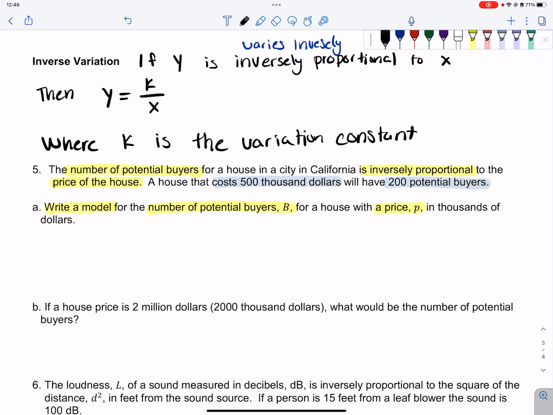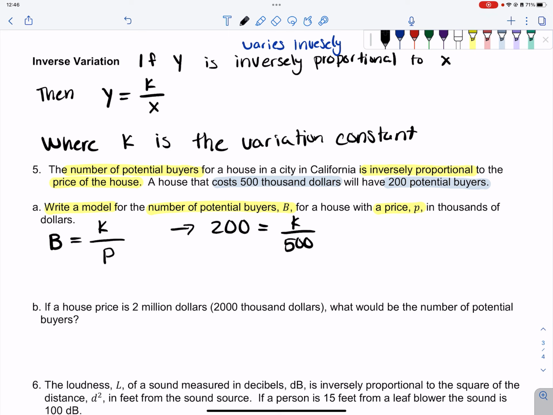So the equation that we're going to start with is buyers B is equal to K divided by the price P. Now we can use our data that when it costs $500,000, so P is equal to 500, we will have 200 potential buyers. So I am going to have 200 buyers is equal to K over 500.